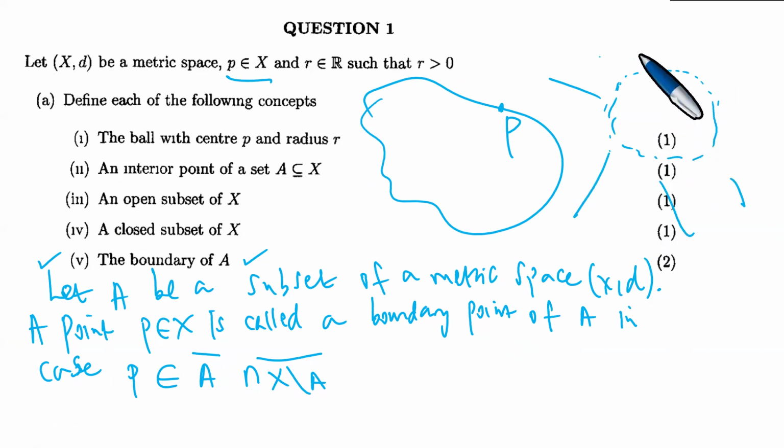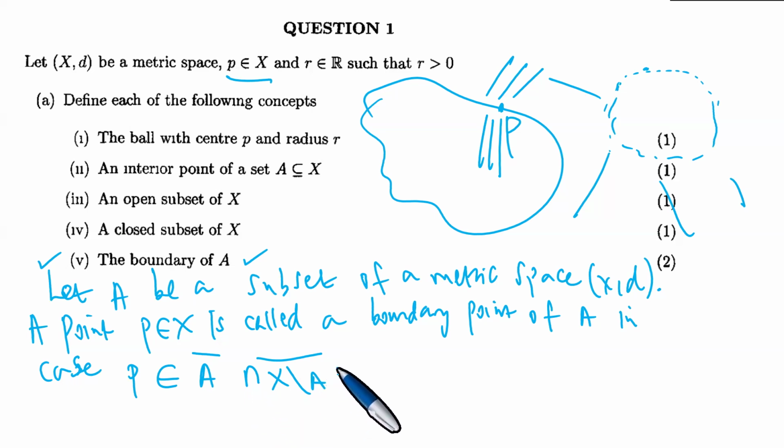If you take the intersection of the exterior and the interior, each with its boundary, the point surely will be on the boundary. Therefore, P in X is called a boundary point of A in case P is an element of the closure of A intersection the closure of the complement of A.